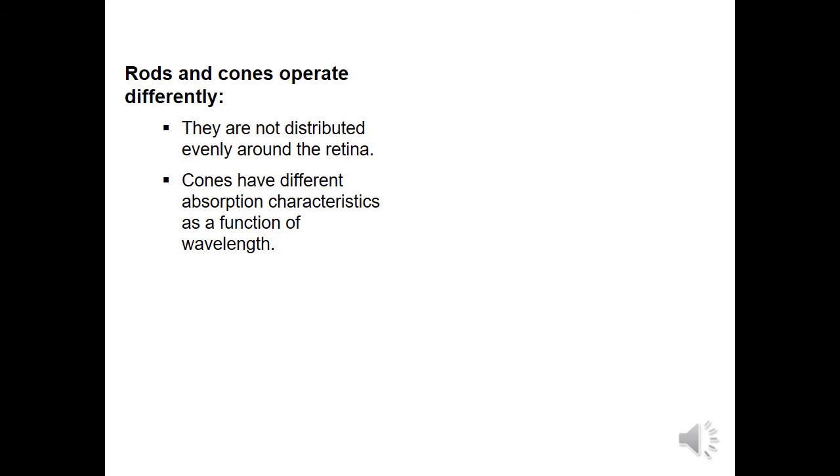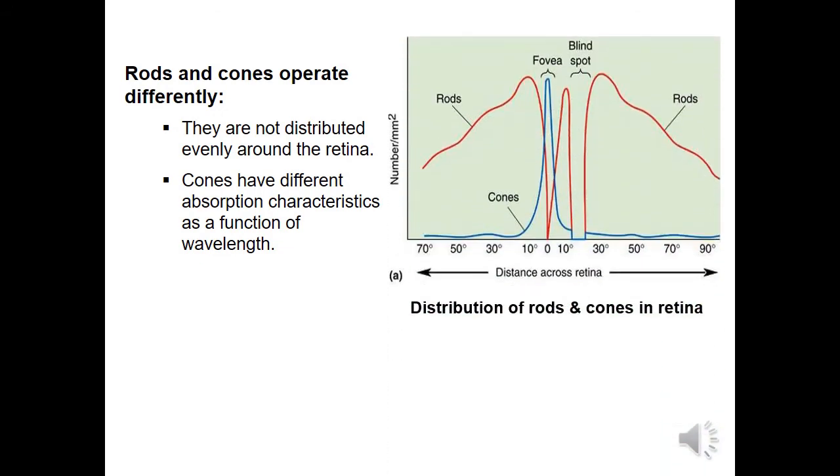How do rods and cones operate differently? From this diagram, you can see that the distribution of rods and cones is not even around the retina. It varies in numbers and works on intensity levels as well.